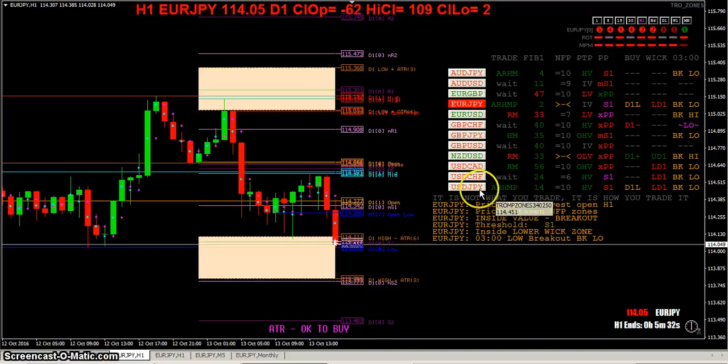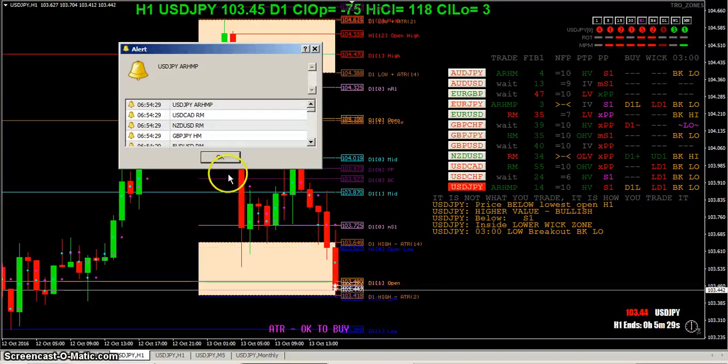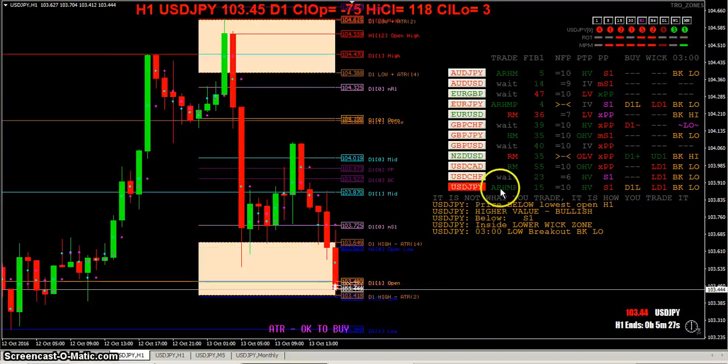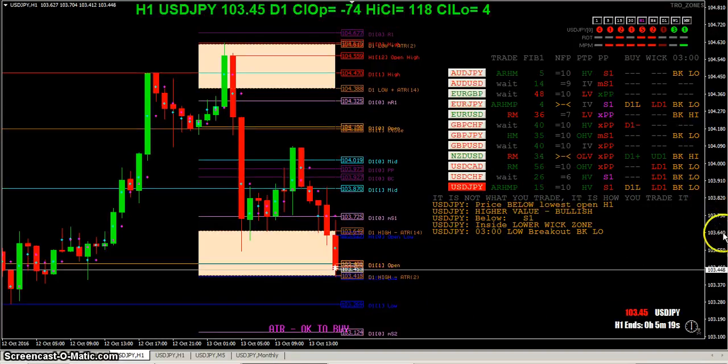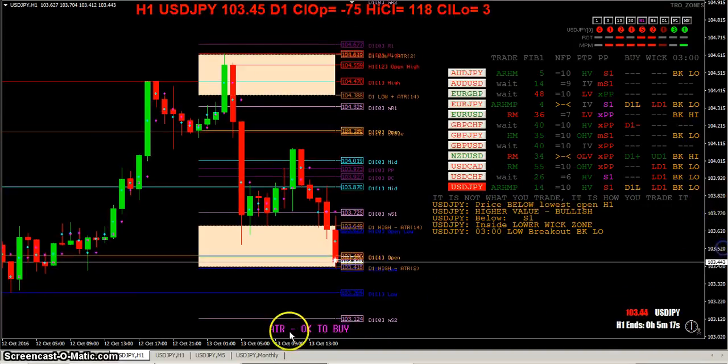And see right here, we've got the Japanese yen all across, all 5. So that right there looks like a buy. See right there, okay to buy, because it's in or beyond that zone.